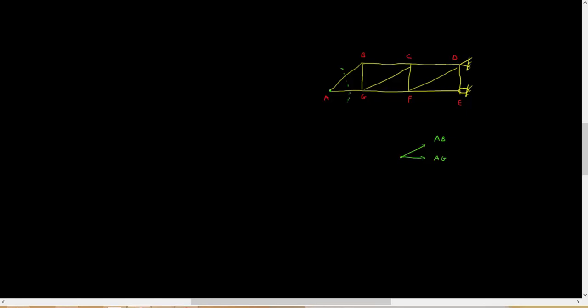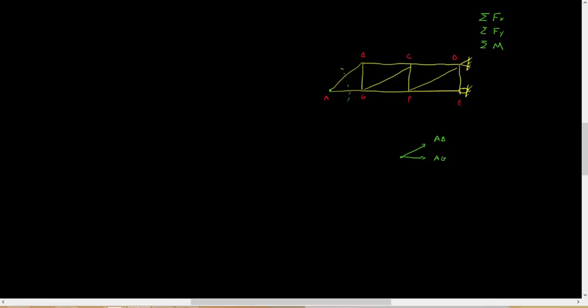We'll be using our equilibrium equations, summing our forces in the x, summing our forces in the y, and summing our moment. And when we cut a truss, typically the number of members cut should be 3 members or less.